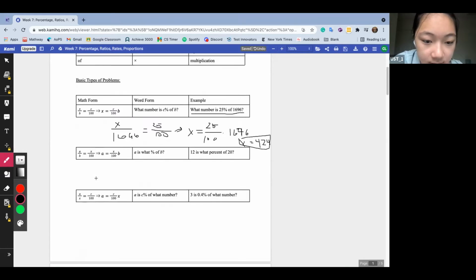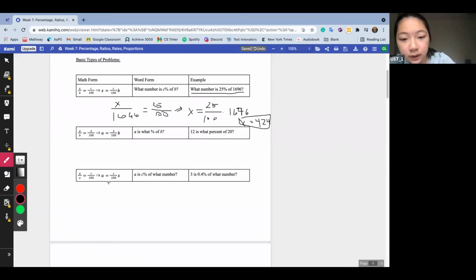Okay, so this is another common question. 12 is what percent of 20? So A is what percent of B? So in this situation, we can write into this form.